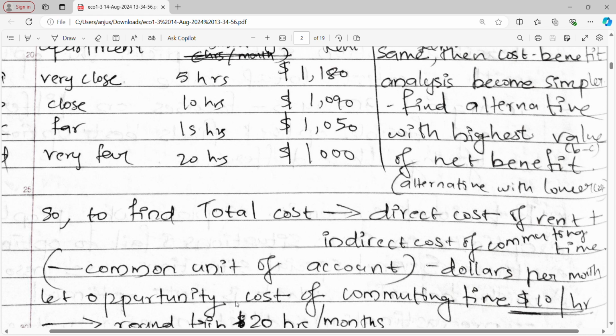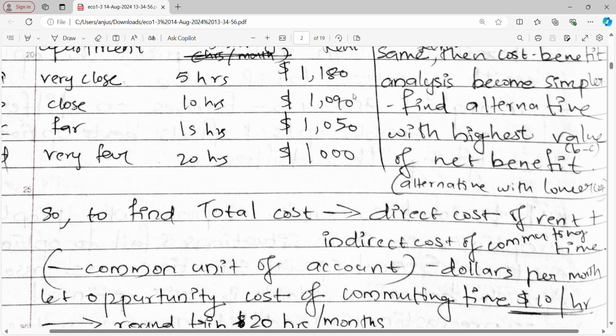So opportunity cost is the cost of the next foregone alternative. So if you're using this time for any other activities like a part-time job, how much would you be earning? Here we are giving the commuting time and earnings of $10 per hour.